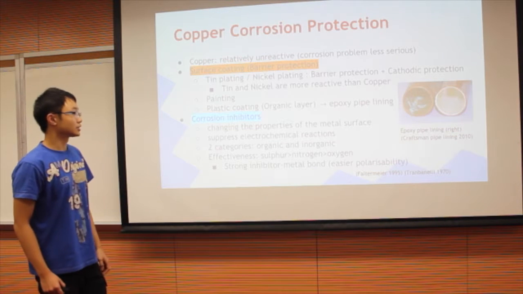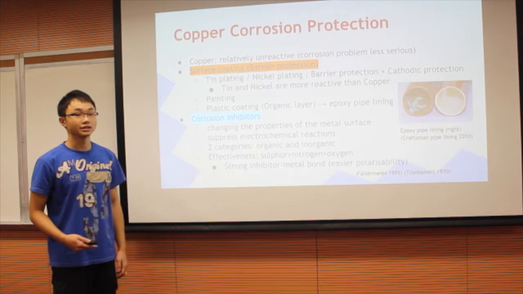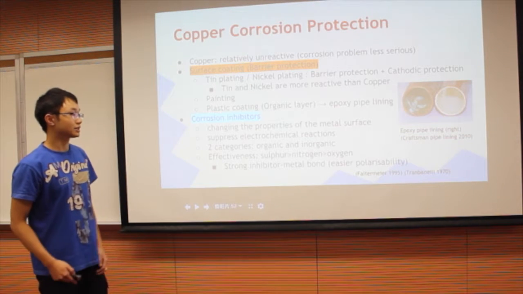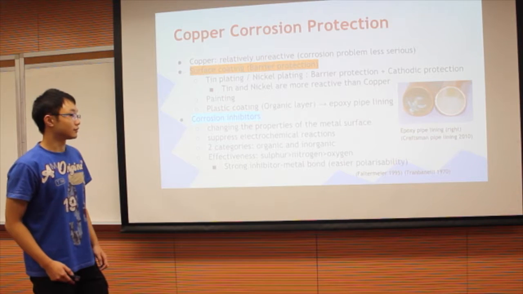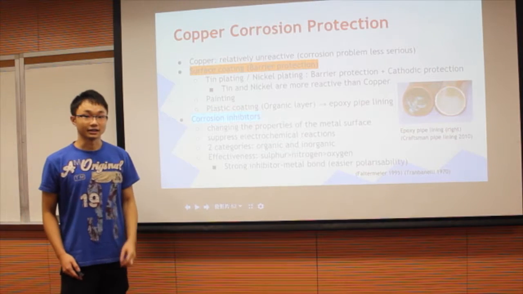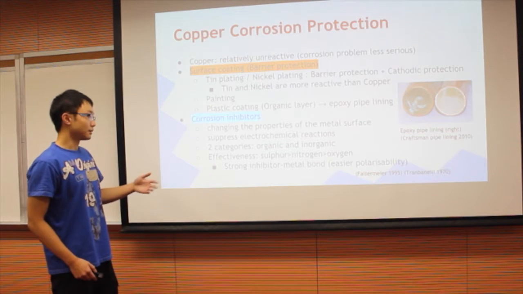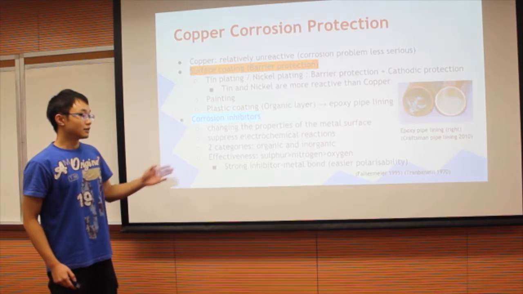And about the corrosion inhibitors, the principle is to change the properties of the metal surface to suppress the electrochemical reactions. There are two categories of inhibitors, which are organic and inorganic. About the organic inhibitors, the effectiveness is shown below.